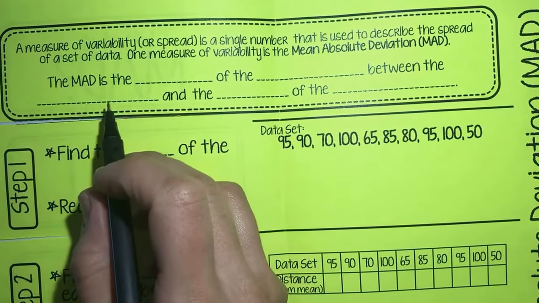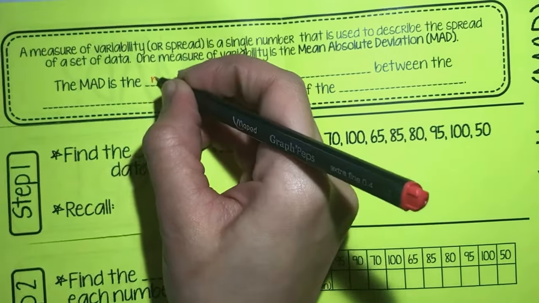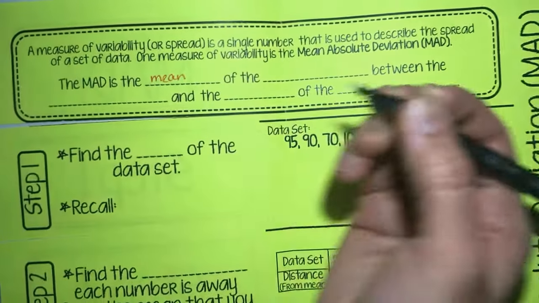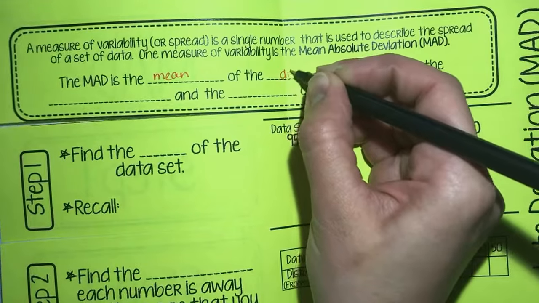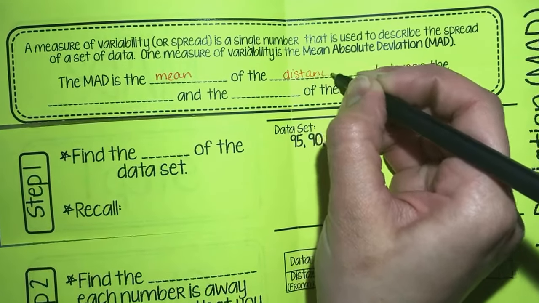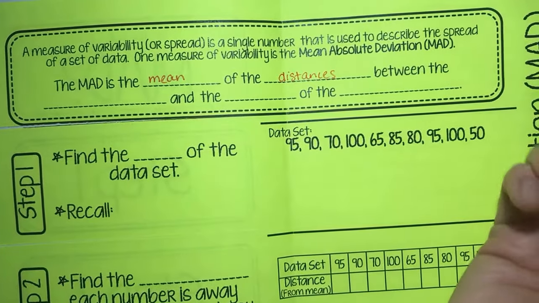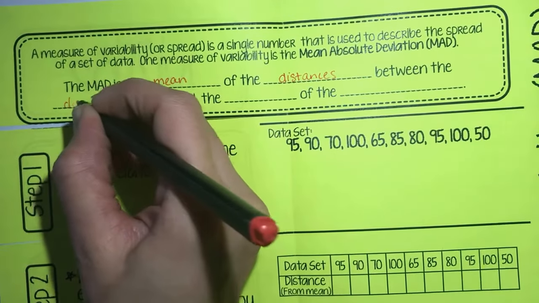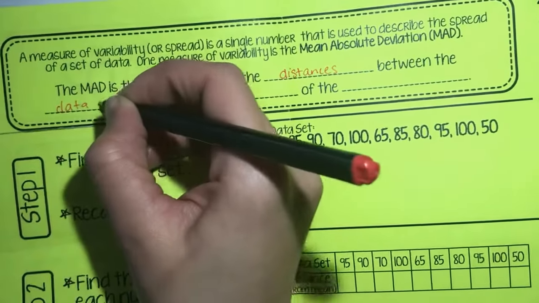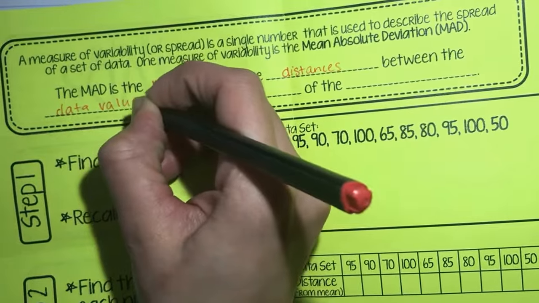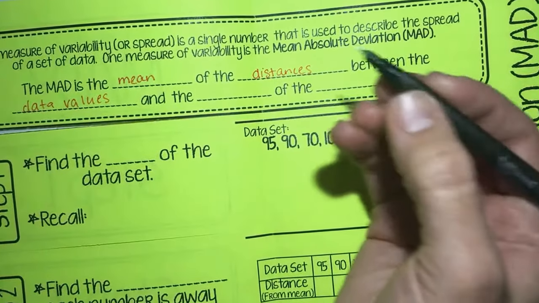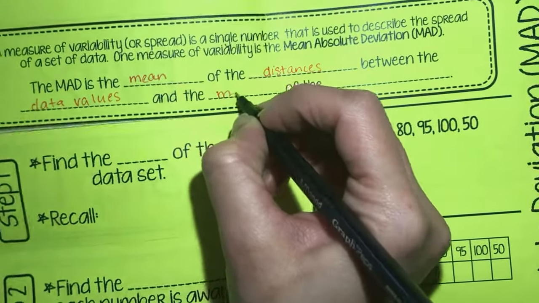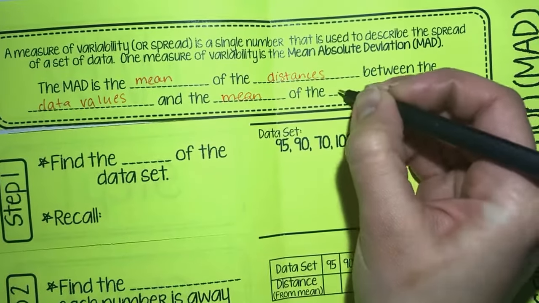So basically the MAD is the mean of the distances between the data values and the mean of the data set.